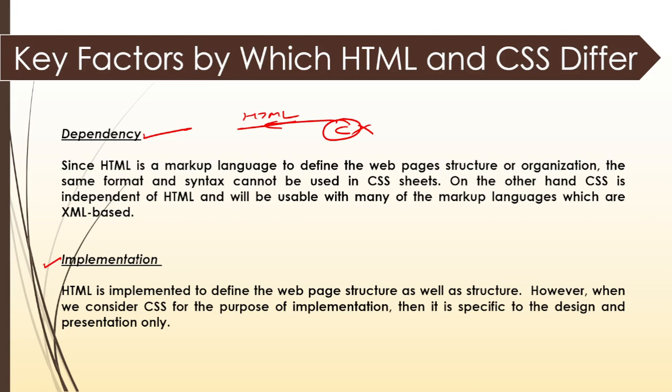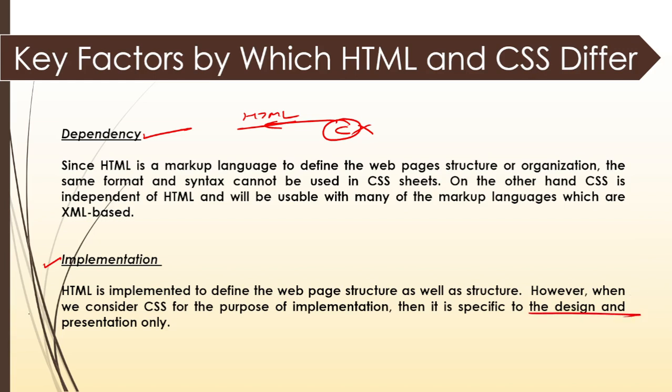Next key factor we have is implementation. HTML is implemented to define the web page structure. As I have told you, with the help of HTML, we can describe the structure of the web page or the website. However, when we talk about cascading style sheets, for the purpose of implementation, it is specific to design and presentation only.